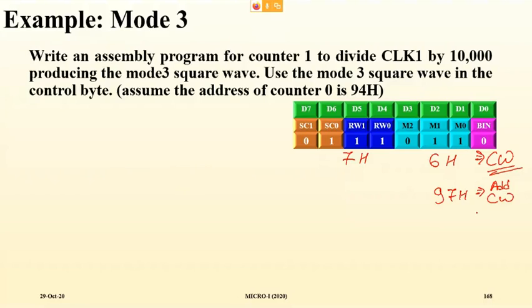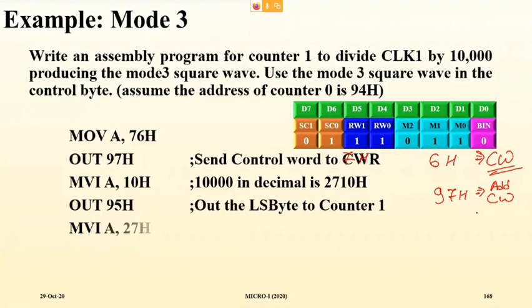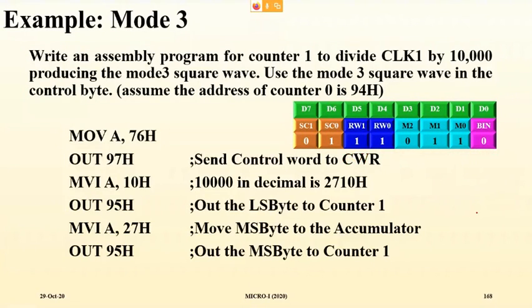Now you can use the IN or OUT instruction to load this particular number into the control word register's address. Done, and the system will start working according to the mode you have selected. So the program will be, wait a second, like this. MOV A, 76. Why are you using 76? Because the control word is 76. Any doubt?